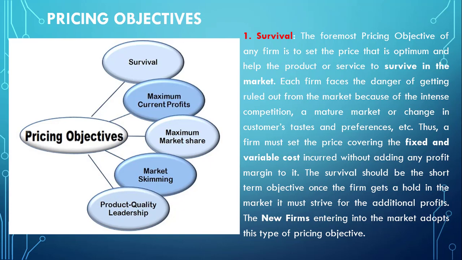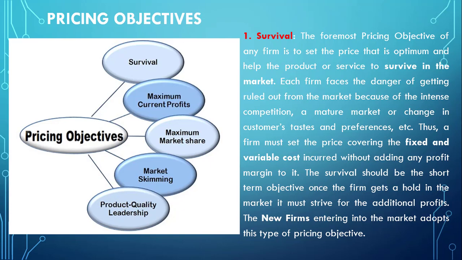So with survival, you are going to lower your price. Probably you are going to set the price equal to your cost, your fixed cost as well as your variable cost, the total cost, right? When you set your price equal to the total cost, there is no gain and no loss.